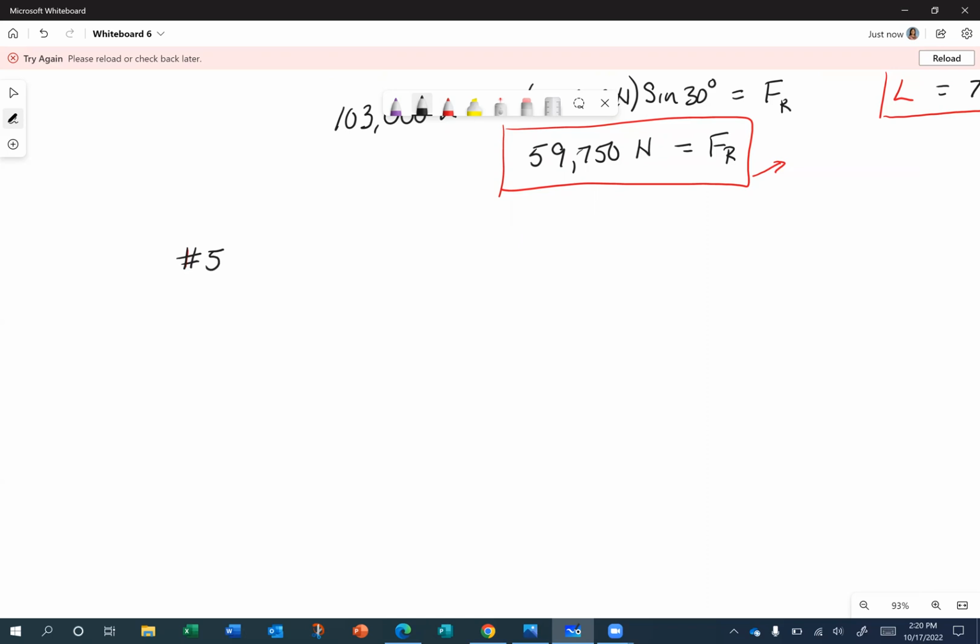All right, so in this case, we have an inclined plane and a box being pushed up the inclined plane. So remember, this on the surface means that surface is not moving.